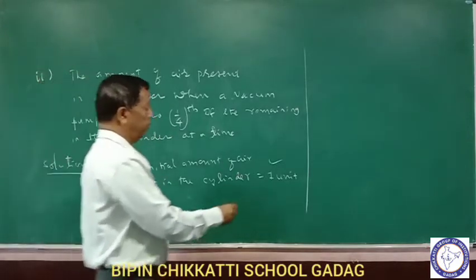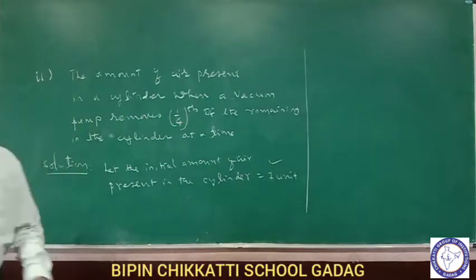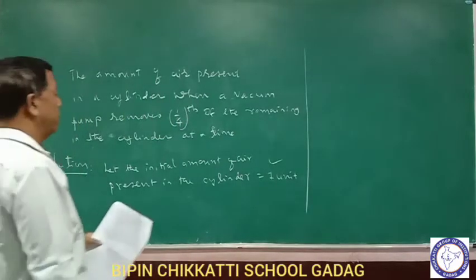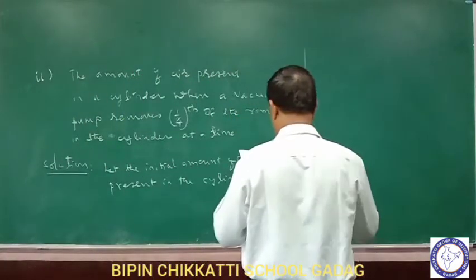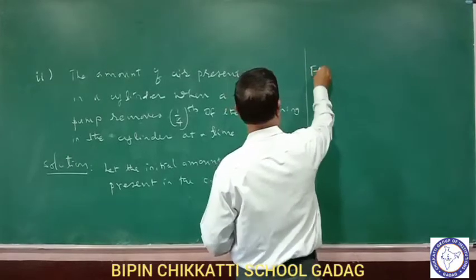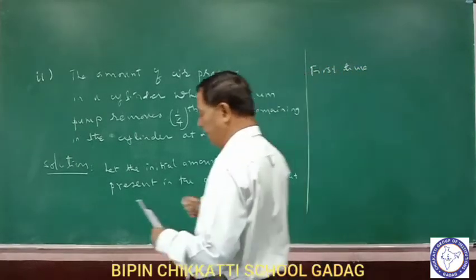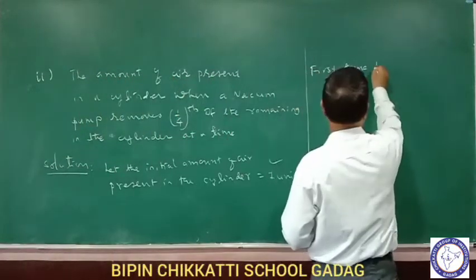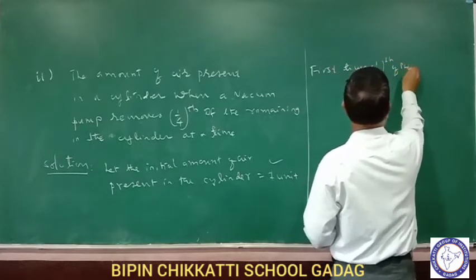So it is the remaining air, 1/4 of this, that you have to remove using the vacuum pump. The first time, 1/4 of the air is removed.